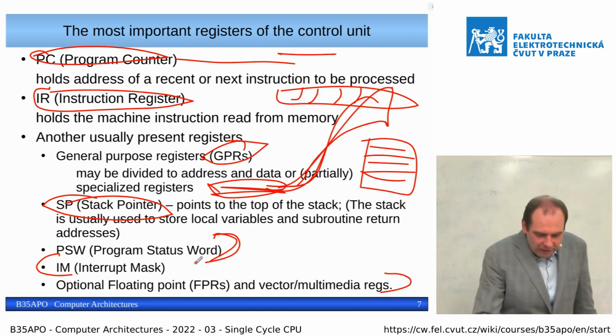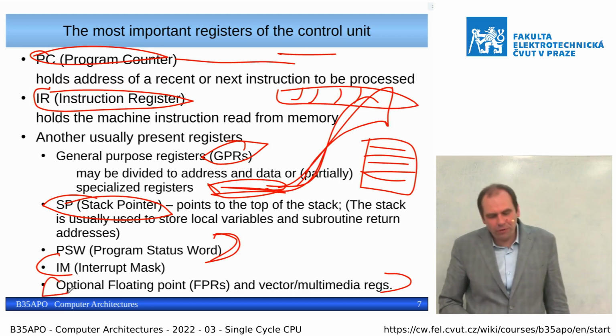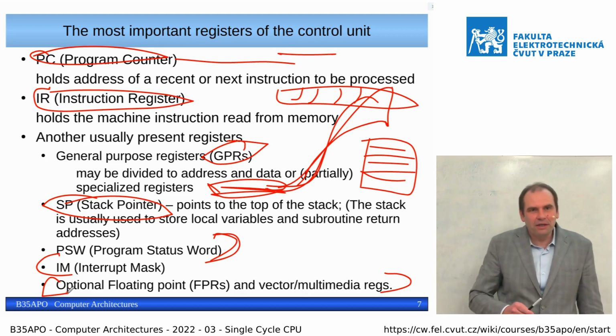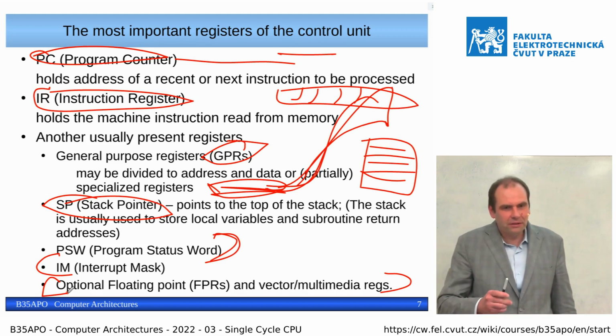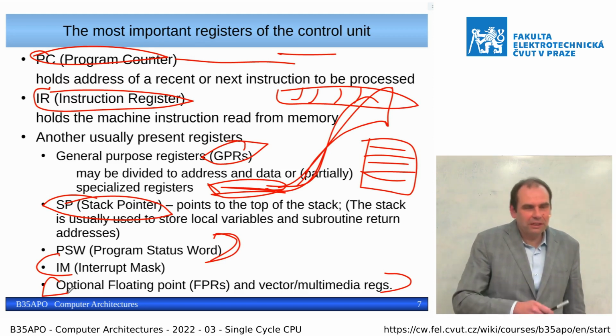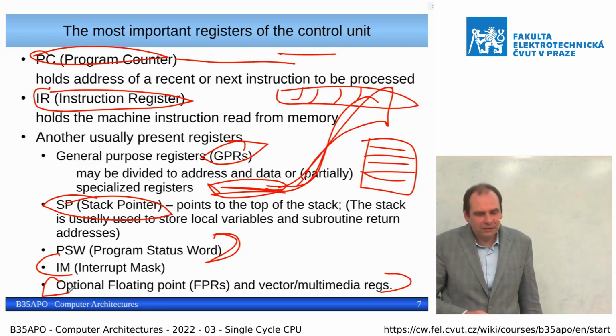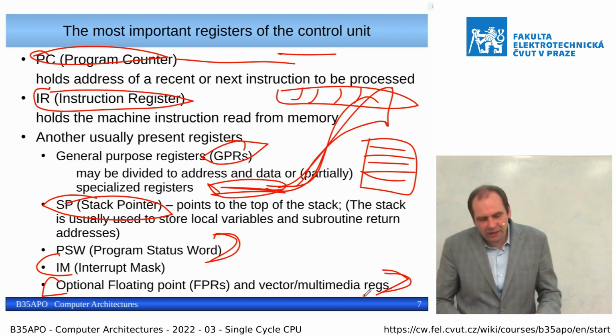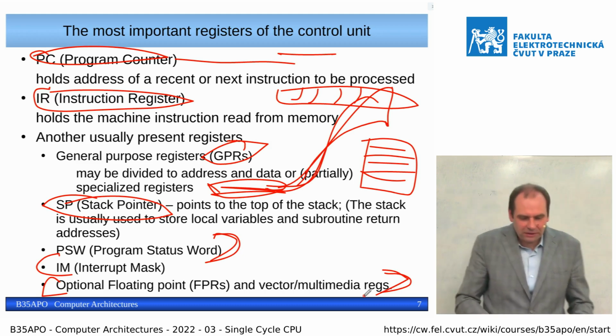So usually processors have support for floating point units according to the IEEE 754 standard, which we have seen during our last lecture. Because in another case, you can do a software computation of floating point, but it is relatively slow.